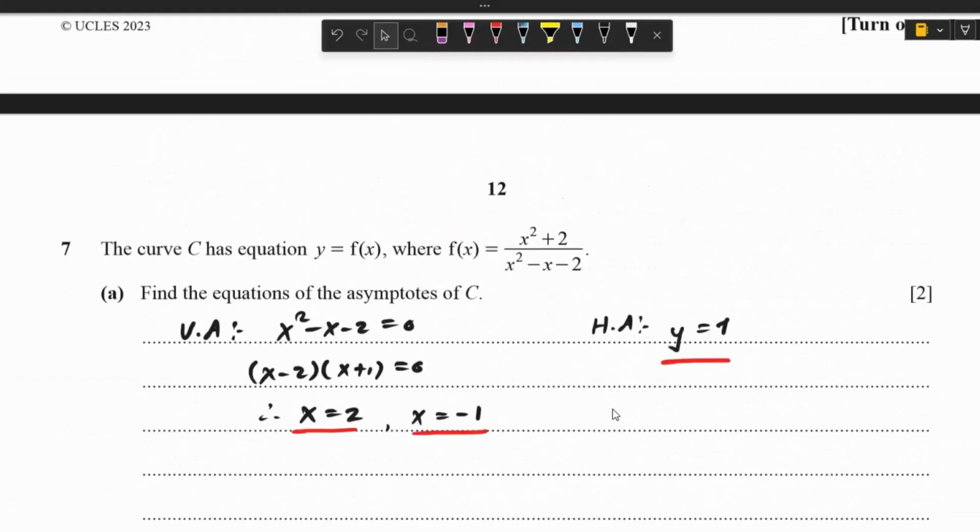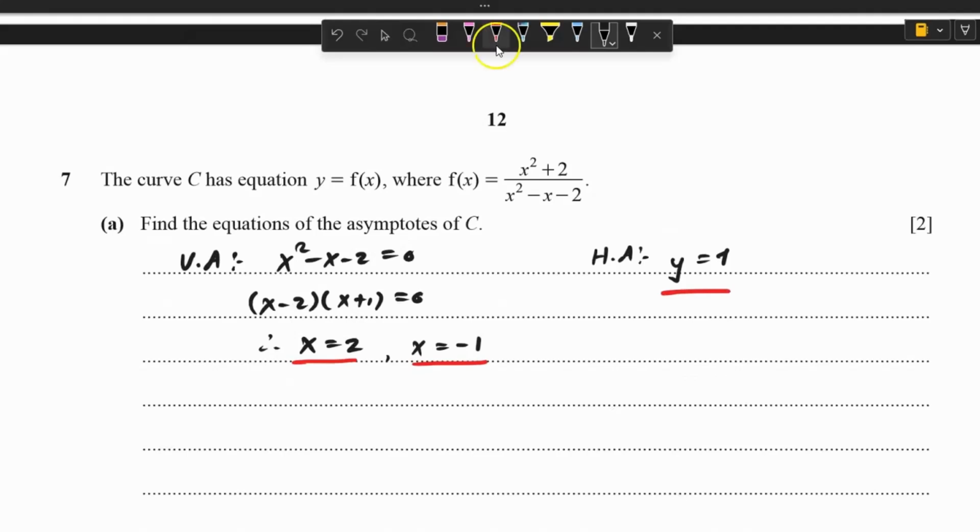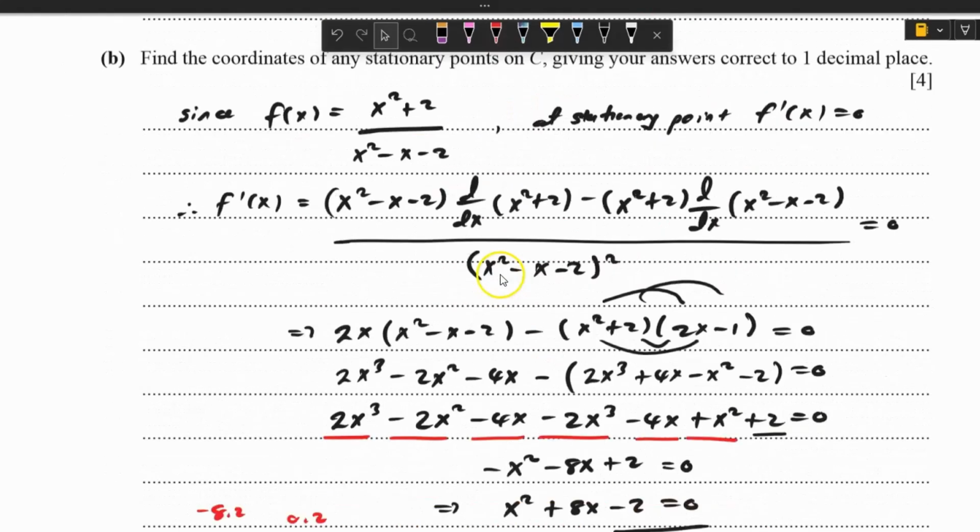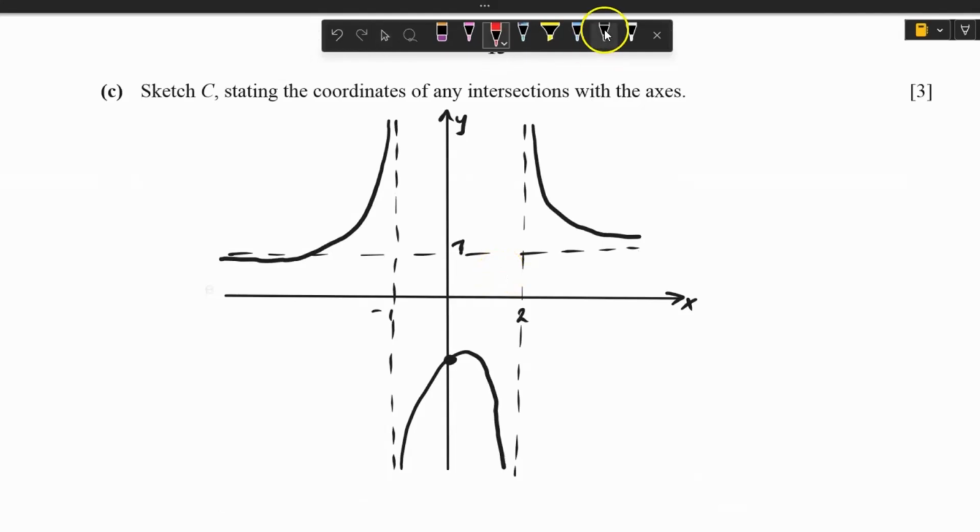And if we go to the original function, when x is 0, you will get that y is 2 over minus 2, which is minus 1. So the y coordinate is minus 1. So the coordinates of this particular point should be 0 and minus 1. So this is what they want us to do for this particular graph.